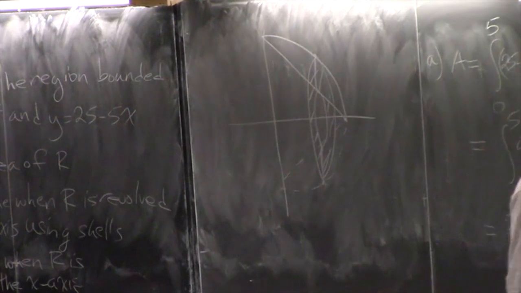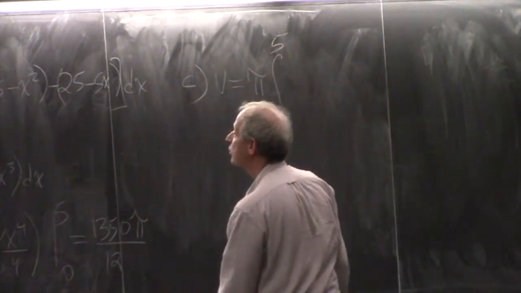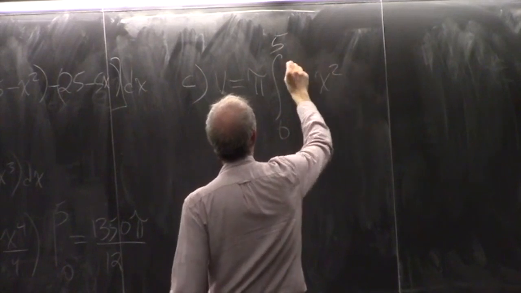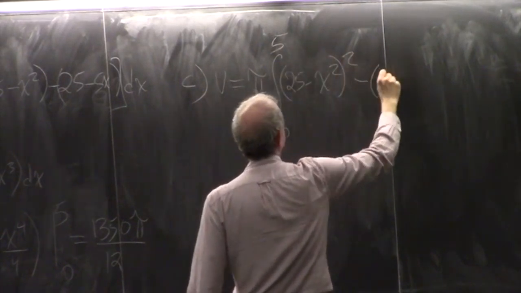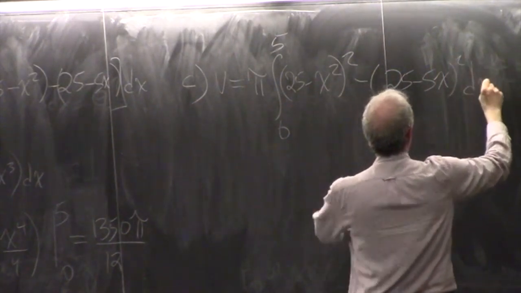So the volume is pi r squared. So the volume is going to be pi, integral from 0 to 5, of the top curve squared, that's (25 minus x squared) squared, minus the bottom curve squared.